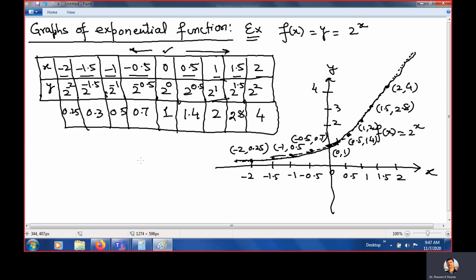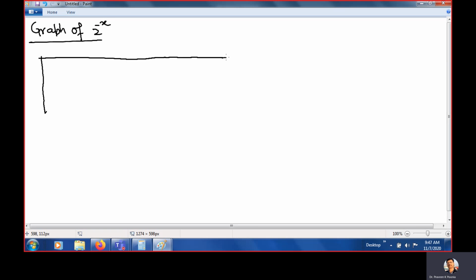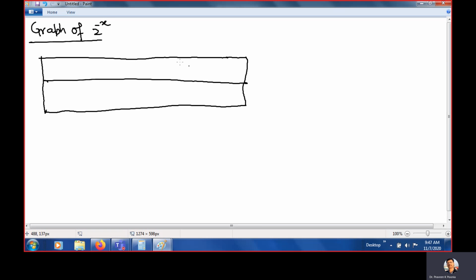Clear? If I write the graph of 2^(-x), now you see what is the change in the graph of 2^(-x). Clear? We'll make the table. It is x, it is y.